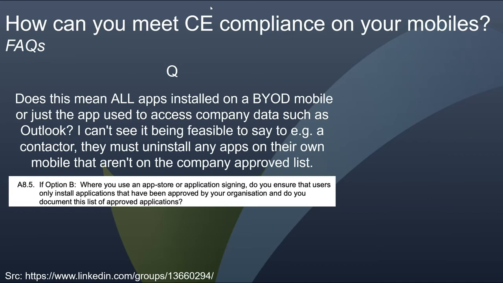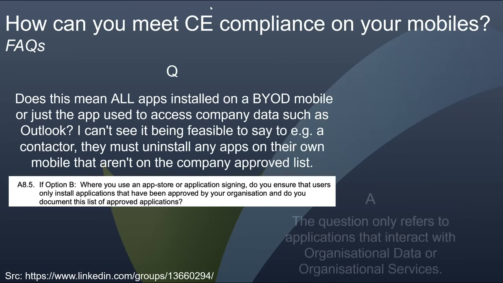Now, the question that commonly arises is, does this apply to all apps on a device, or is it only apps that access organizational data and services? The reason being that in the context of BYOD, it's pretty much unfeasible to expect an individual with their personal device to only install apps that appear on a specific list, particularly if you're working with a lot of contractors, for example.